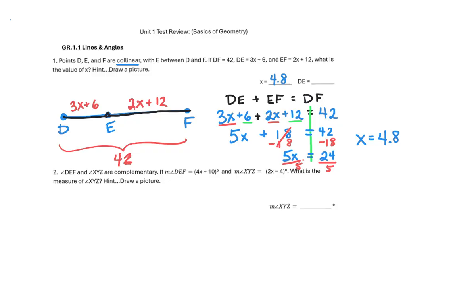All right, and then we're going to take that and plug it in to figure out what DE is, because that's what the question's asking for. DE is 3x plus 6, but we know that x is worth 4.8. So I'm going to get my handy-dandy calculator and do 3 times 4.8.